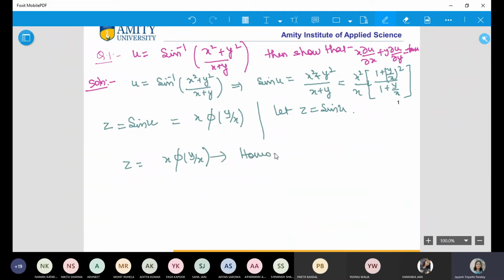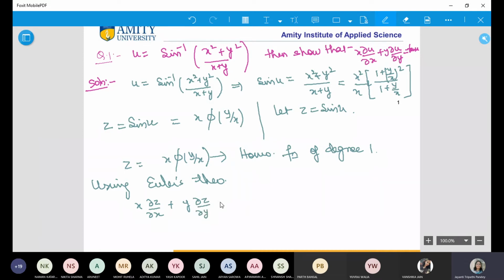Homogeneous function of degree 1. Using Euler's theorem, x del z by del x plus y del z by del y should be equal to 1 into z.